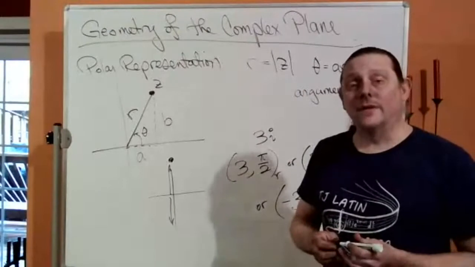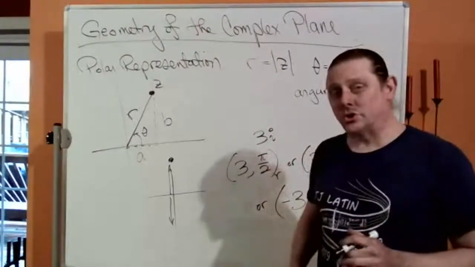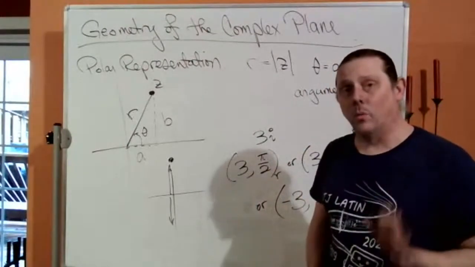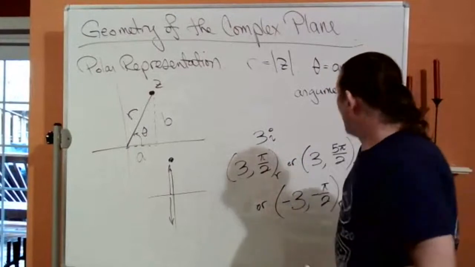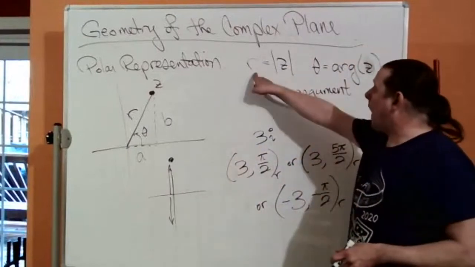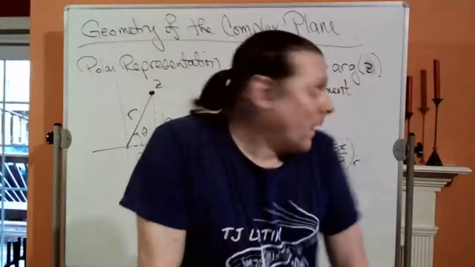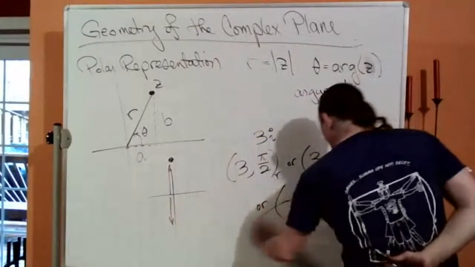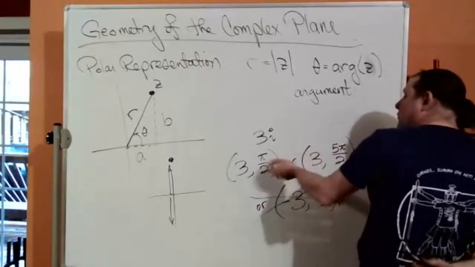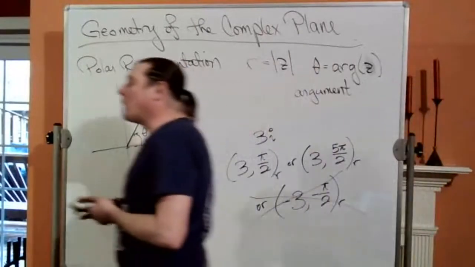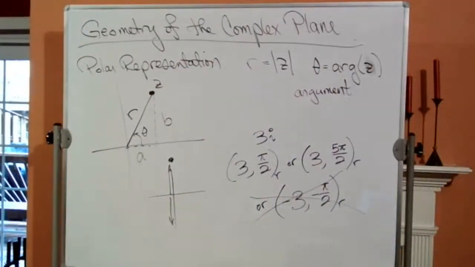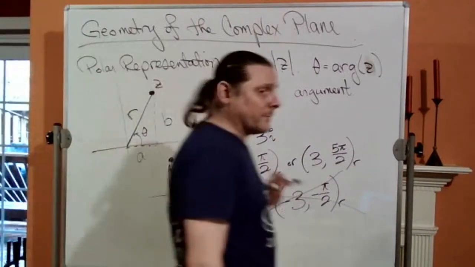Now, in this class, we don't subscribe to the last one. My modulus, my r, is non-negative, so this one I'm going to kick out. But these two representations are perfectly valid for this same complex number.